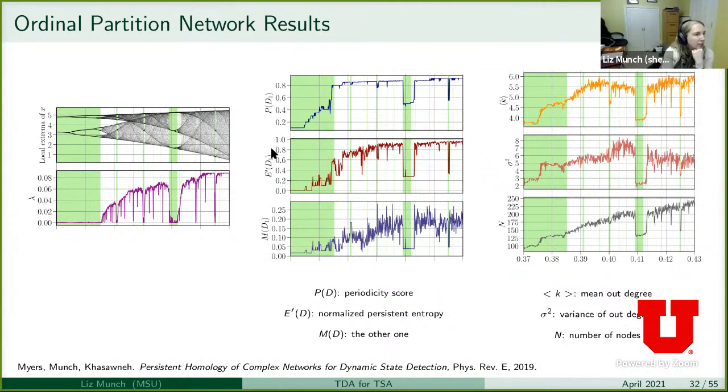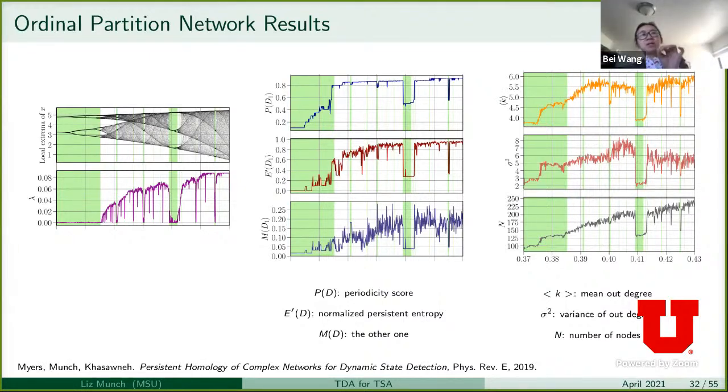So this is the entropy, and P was the periodicity score, and M. In the middle column that I'm focusing on, you have those three measurements: one is the periodicity score, one is a normalized version of the persistent entropy, and M is this heuristic measurement. The heuristic idea, that's a better way of saying it. Let's call it the heuristic.